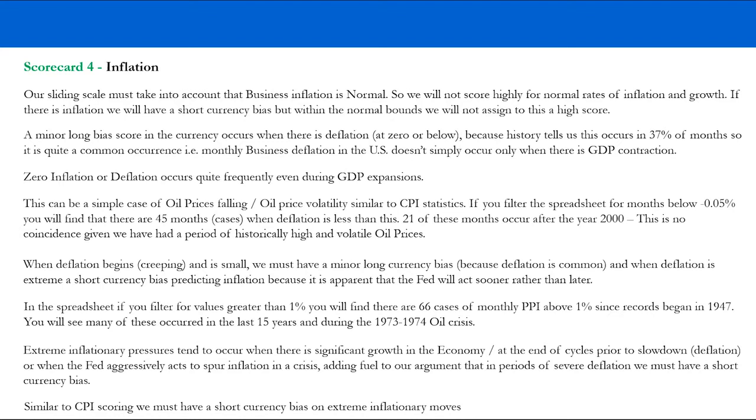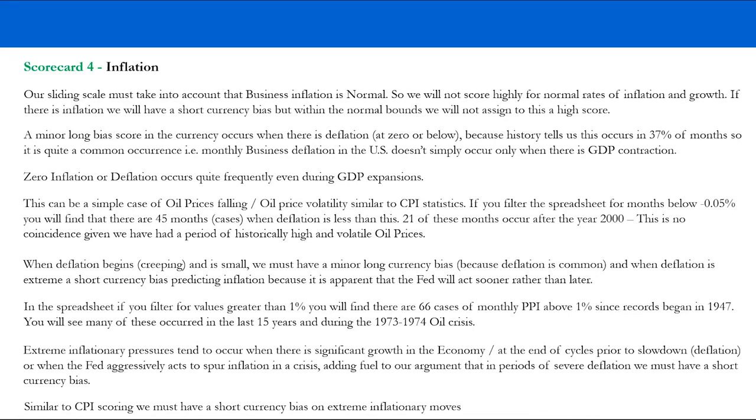So all this adds fuel to our argument that in periods of severe deflation, we must have a very strong short currency bias. And similar to CPI scoring, we do have that short currency bias on the extreme inflationary moves as well.